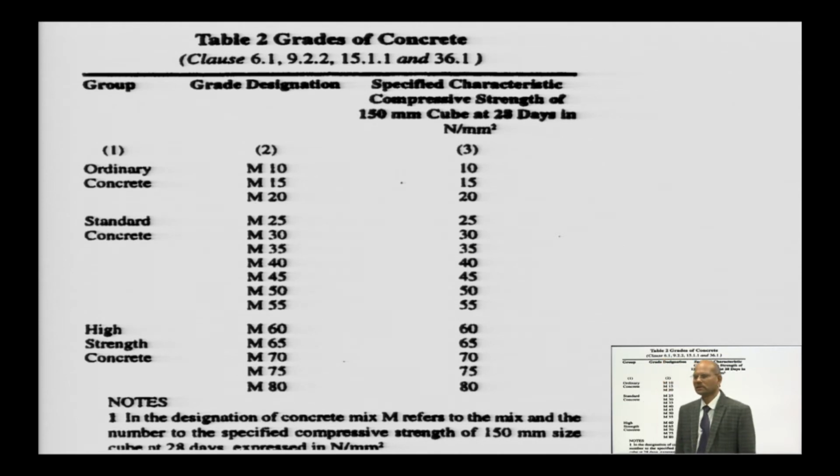They have grouped the grade of concrete in 3 categories. One is ordinary concrete, which ranges between M10 to M20.